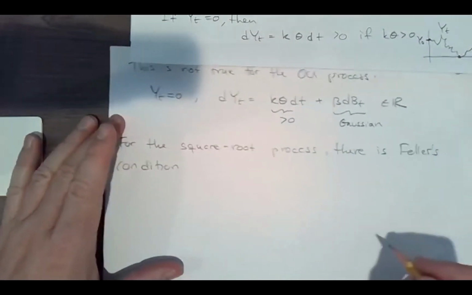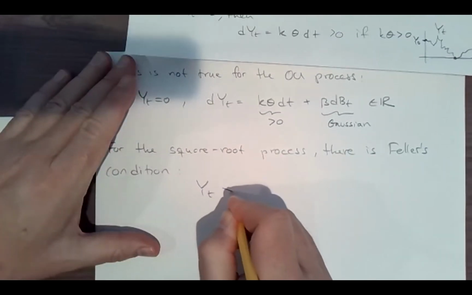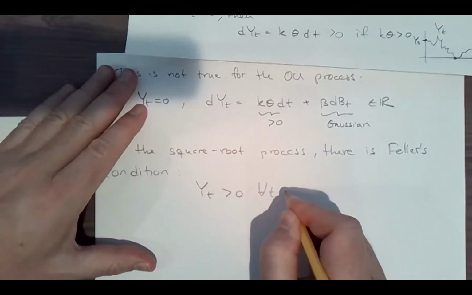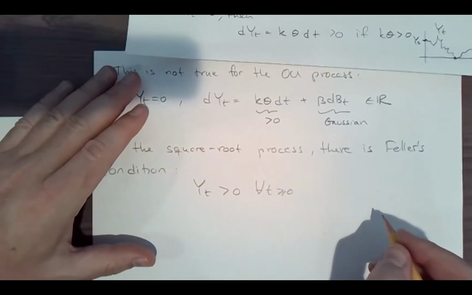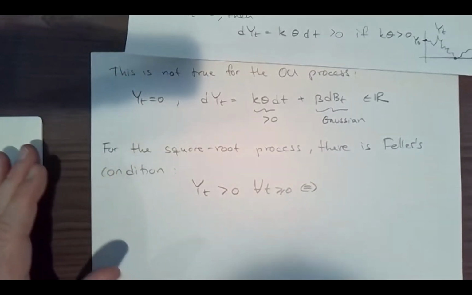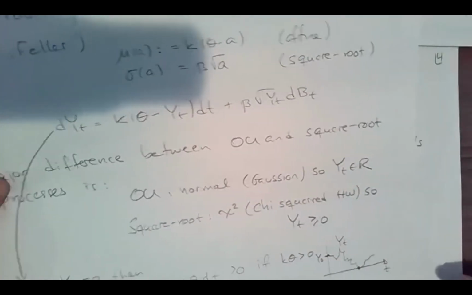Feller's condition says that yt is strictly positive for all t if and only if, and then you look at the coefficients. I need to look up my notes so I don't make a mistake here.